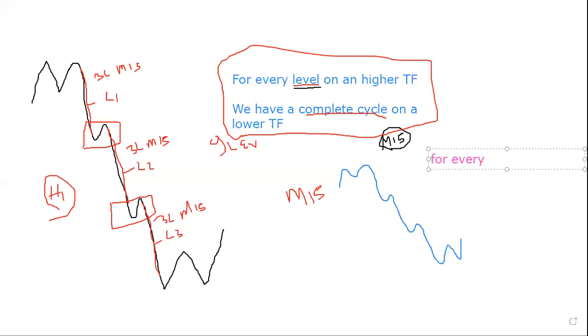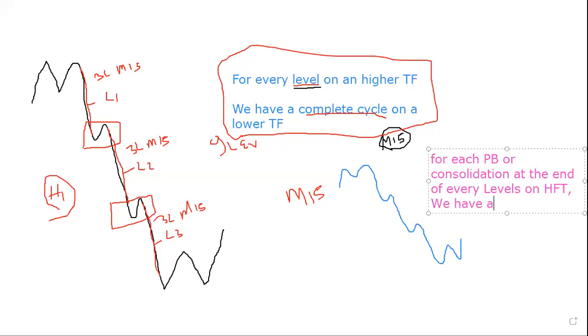For every pullback, let me just shorten this pullback as PB, or consolidation at the end of every level on higher time frame, have a peak reset on a lower time frame.